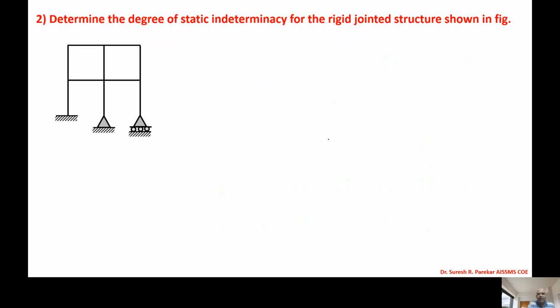Then we have the degree of static indeterminacy for this rigid jointed structure. For rigid jointed we have the formula 3m plus r minus 3j. As we do not have any hinge, we will not consider RR over here.